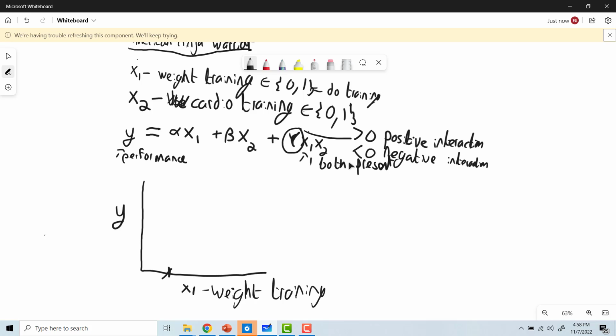And I either don't do it or I do it. And then we have two lines for x2. So we'll have x2 equals 0 and x2 equals 1.